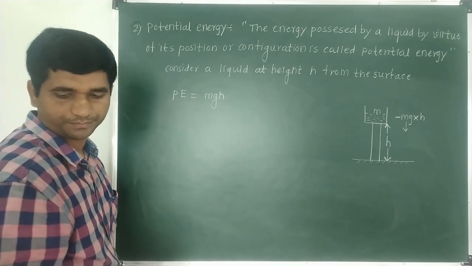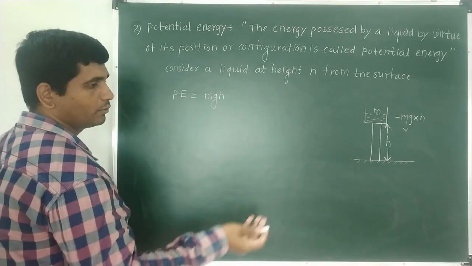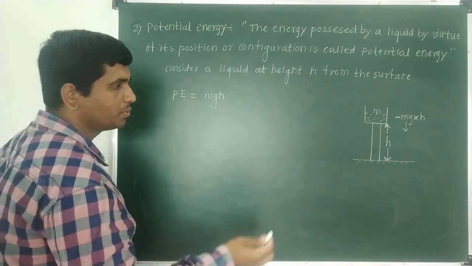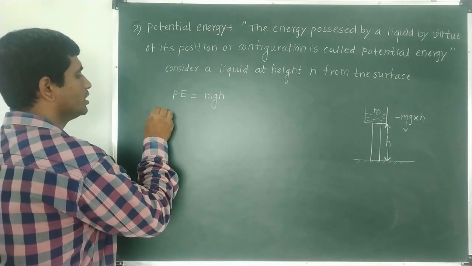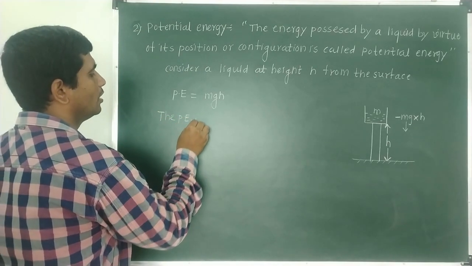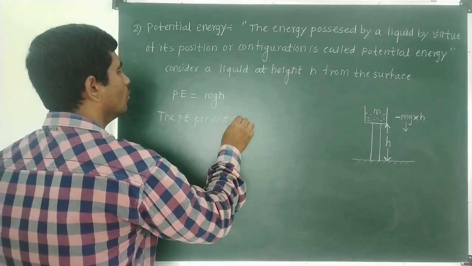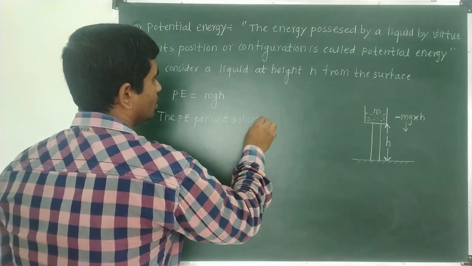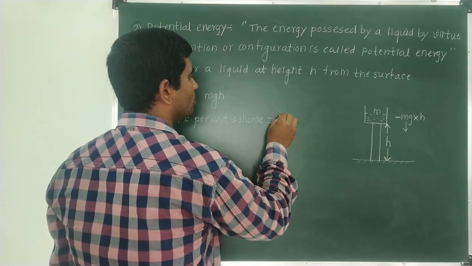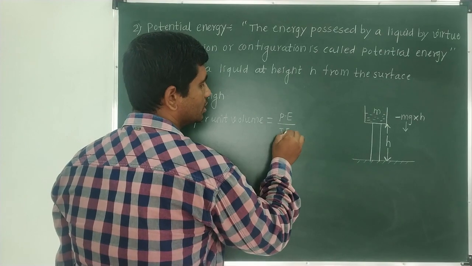Now, instead of potential energy, we will try to calculate the potential energy per unit volume. Let us say this is the potential energy, and capital V is the volume of this liquid.